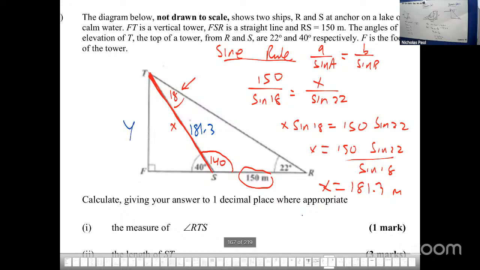Find MT. Which triangle are you gonna use now? The right angle triangle, right?